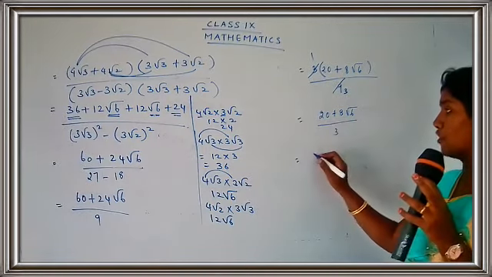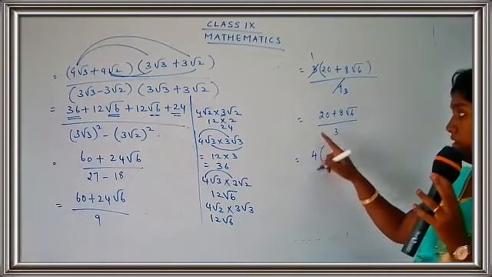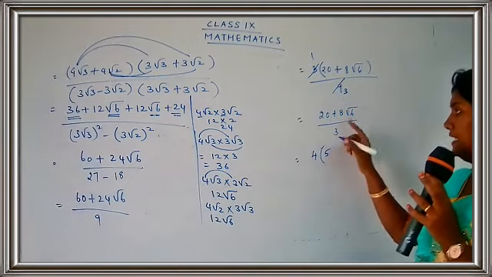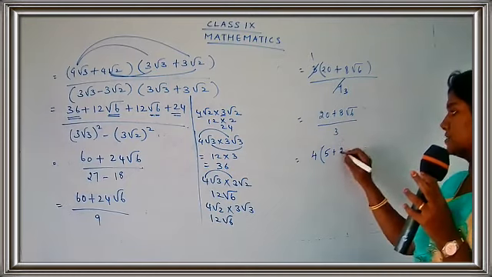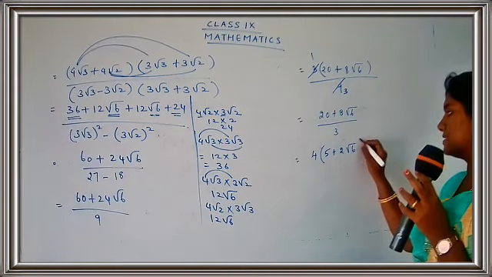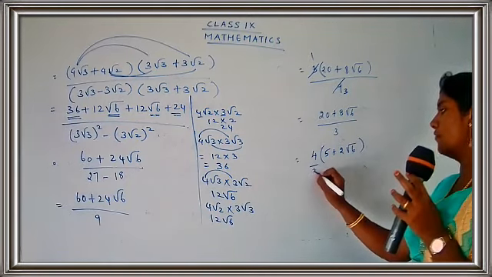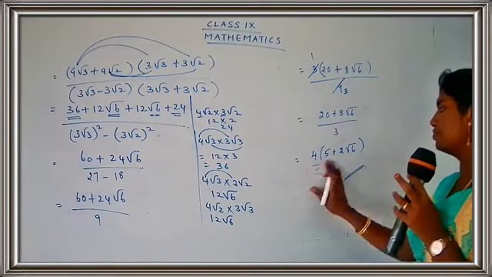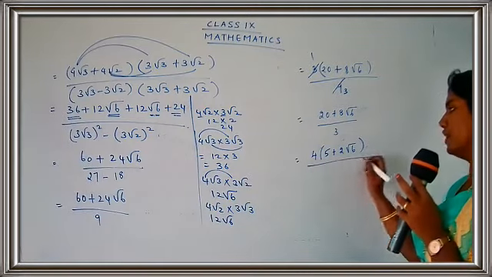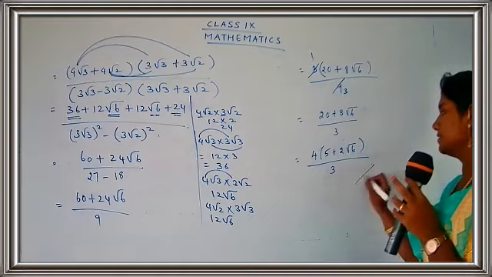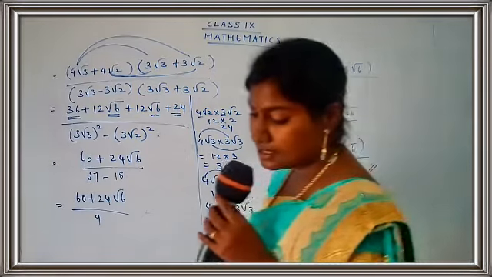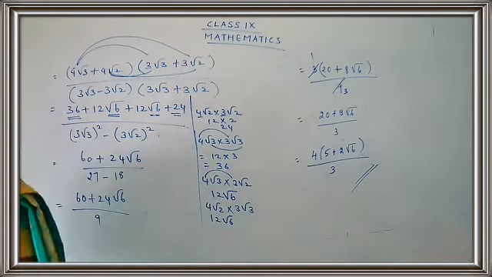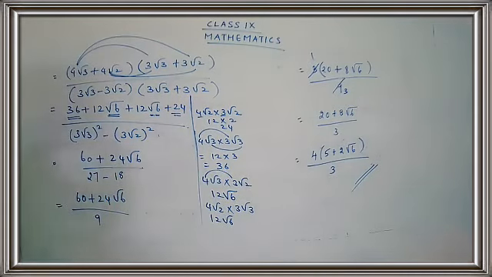You can take 4 common out here. 4 fives are 20, 4 twos are 8. So I get the answer as 4 into 5 plus 2 root 6 upon 3. So what is the answer? The answer is 4 into 5 plus 2 root 6 upon 3.